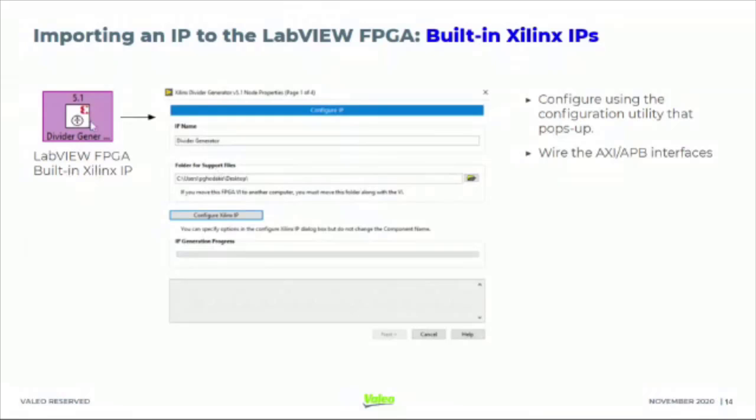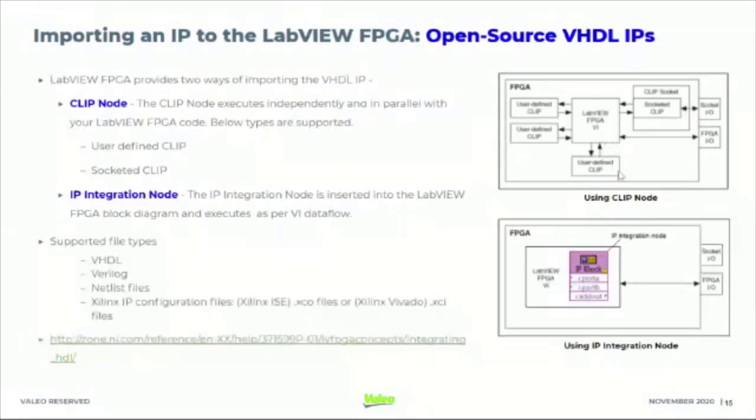The CLIP has two types, the user-defined CLIP and the socketed CLIP. The socketed CLIP has the ability to talk to your IOs as well, and it can communicate to your FPGA VI, as against the user-defined CLIP, which can only talk to your FPGA VI. This CLIP basically appears in your LabVIEW FPGA project properties.